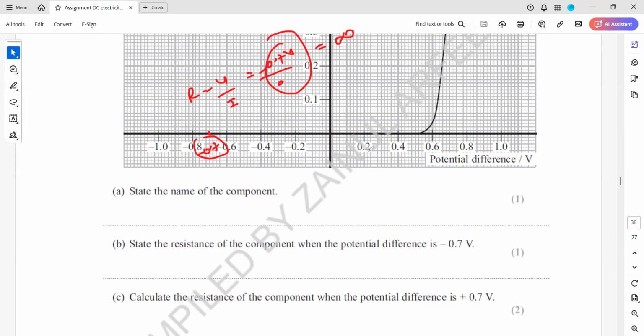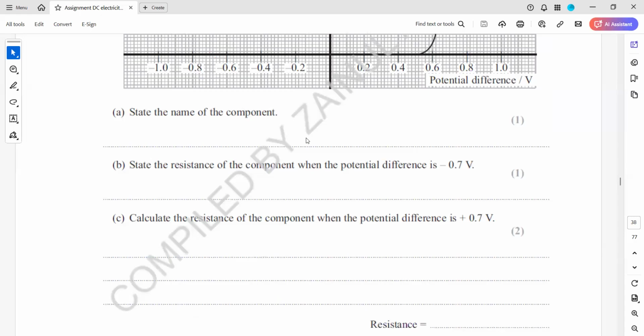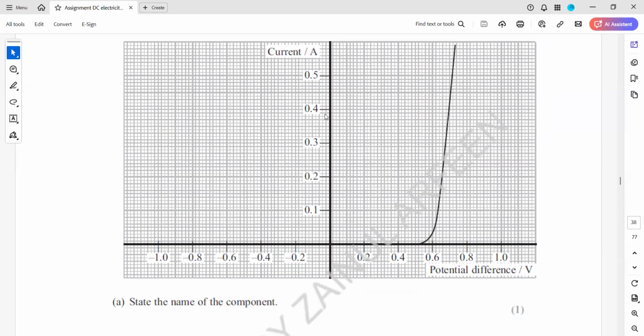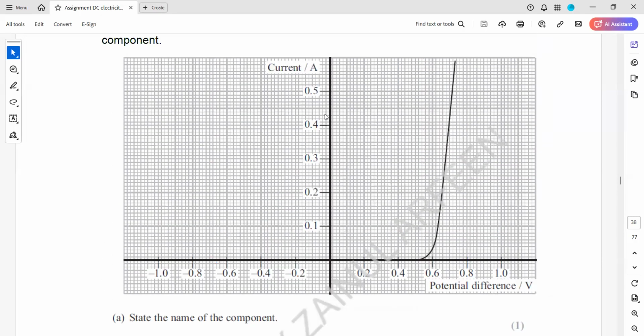You can draw the symbol. Calculate the resistance of the component when the potential difference is plus 0.7. Whenever you're calculating a resistance, you don't use the gradient of the current-voltage graph or its reciprocal. You just take a specific value of the voltage, because they ask for 0.7.